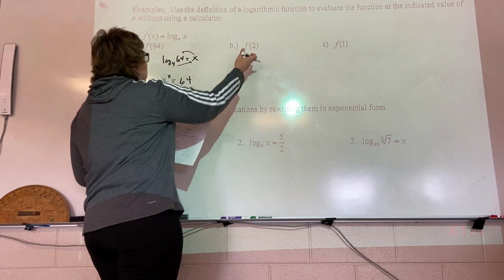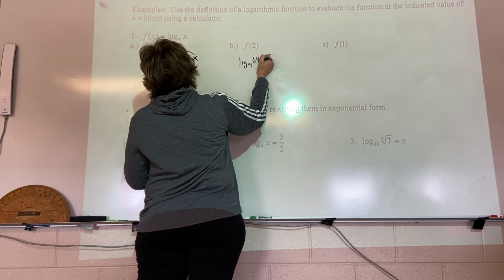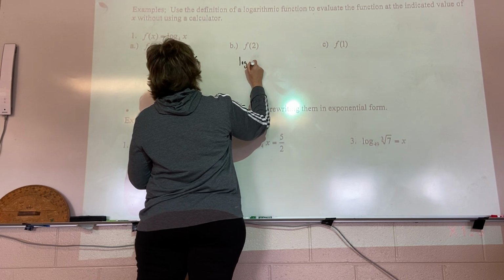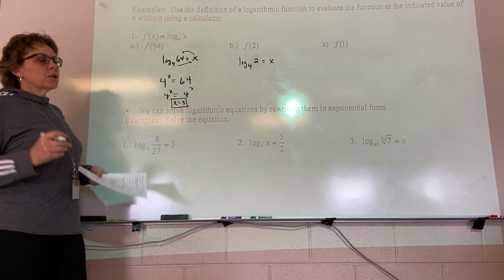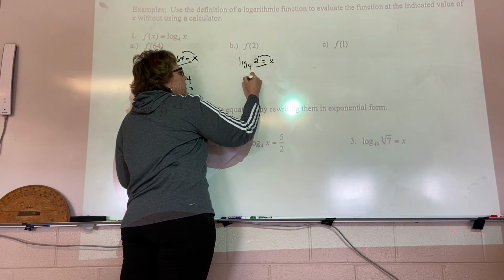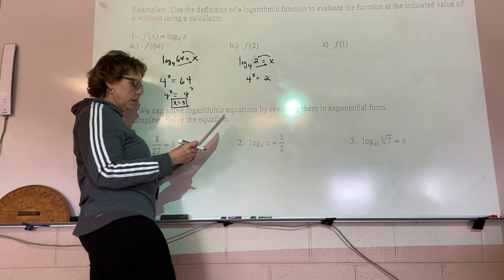Okay, and so I do the same thing. Log base 4 of 2, excuse me, still trying to get used to it. So I need to rewrite it. 4 to the x gives you 2, all right?